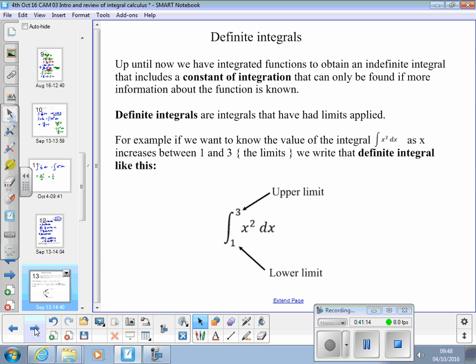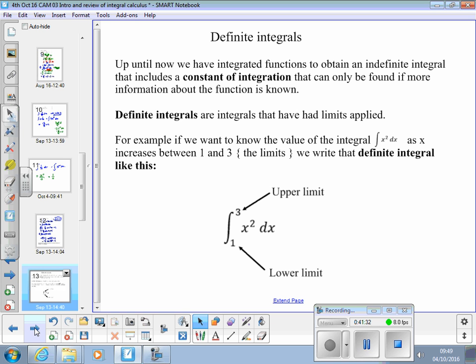Some details about the value of it in certain places. Definite integrals are integrals that have some limits applied, so they can then be evaluated.